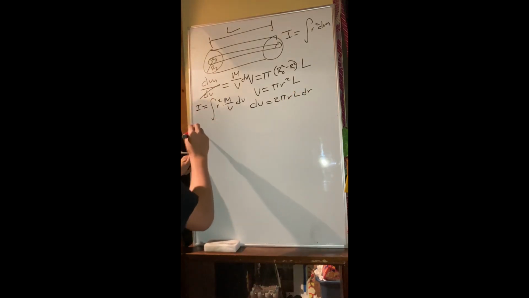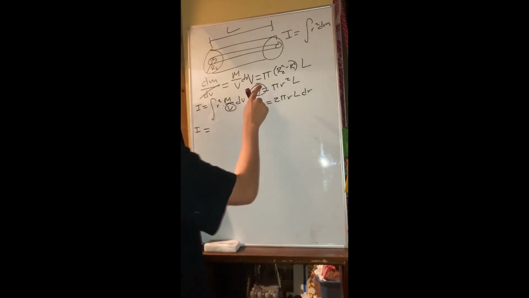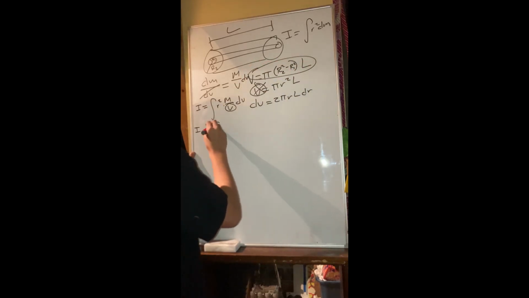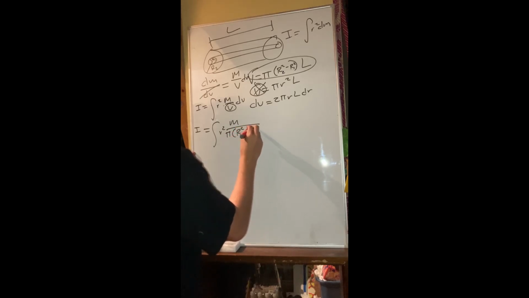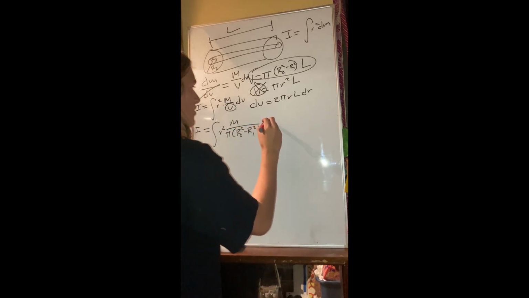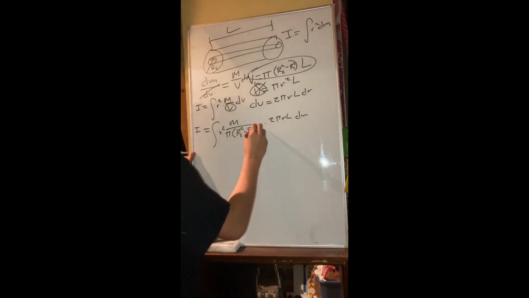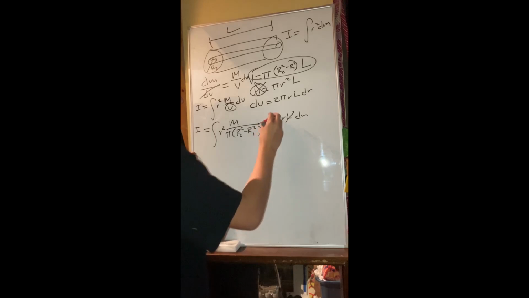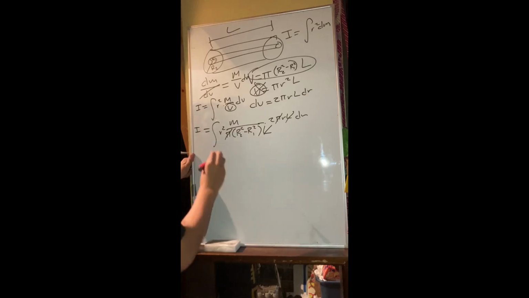So now substituting that in, I'm also going to substitute in the v here. And I'm going to get I equals the integral of r squared, m over pi times r2 squared minus r1 squared, times 2 pi r times L times dr. We're going to immediately cancel the L's, we're going to immediately cancel the pi's, and then we're going to bring everything that is a constant outside of the integral.